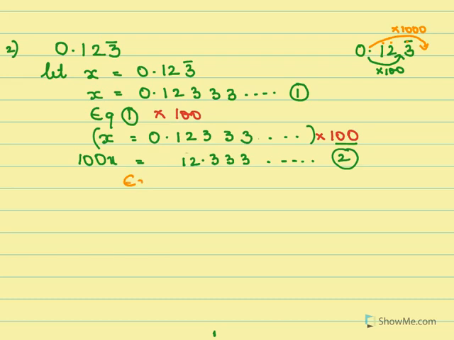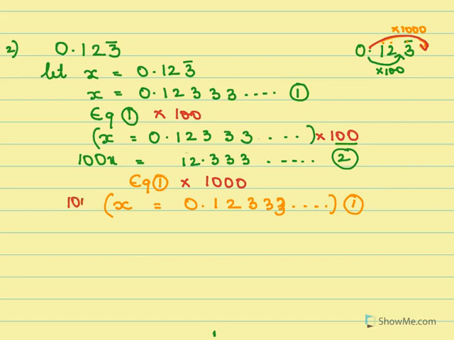Now for the next step, I will take equation 1 and multiply it by 1000. As I explained, I have to take it after the recurring, so I've got to multiply by 1000. So I have x equal to 0.12333, that is my equation 1, and I'm going to multiply this by 1000.